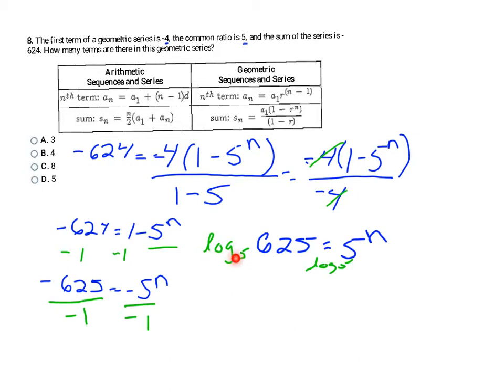And so this you can put into a calculator, or you can think 5 raised to what exponent gives you 625. Well, 5 to the 4th power gives you 625. So that's going to be 4. And then here, this all cancels out and I'm left with n. And that was my goal, is to get it down to n. So this is my answer, B.